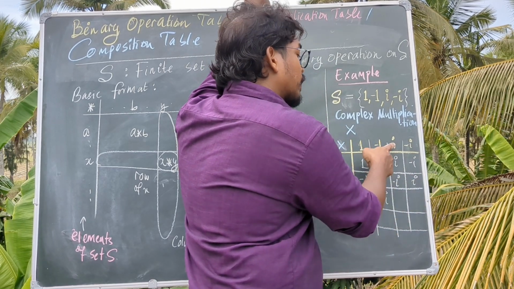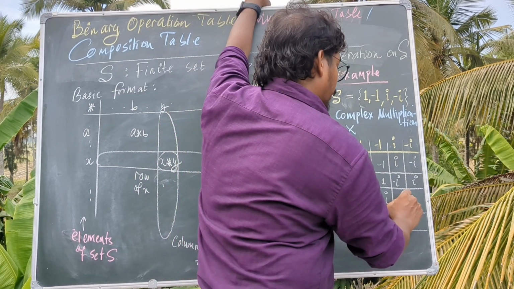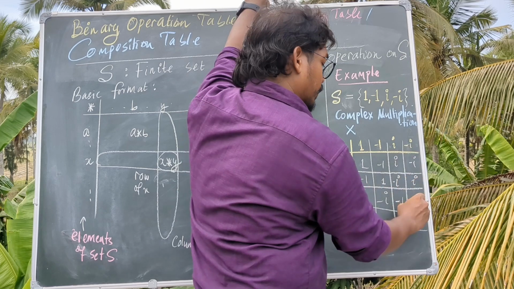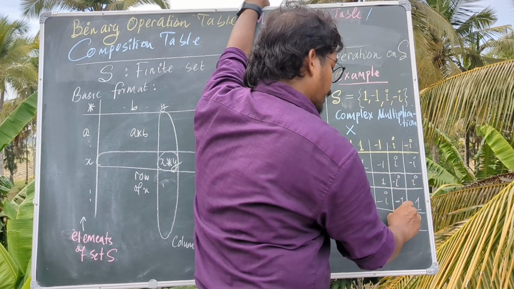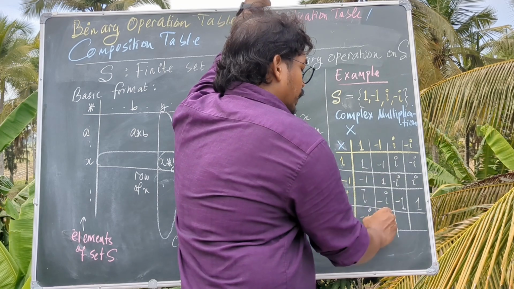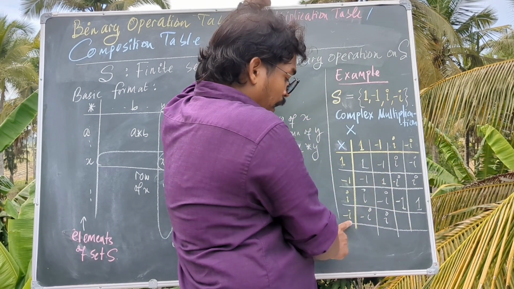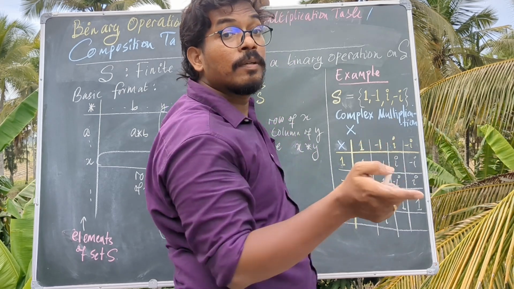Minus i times i, complex multiplication, i times i is minus 1, i times minus i is plus 1. Minus i times 1 is minus i, this is plus i, this is minus i squared which is minus 1.